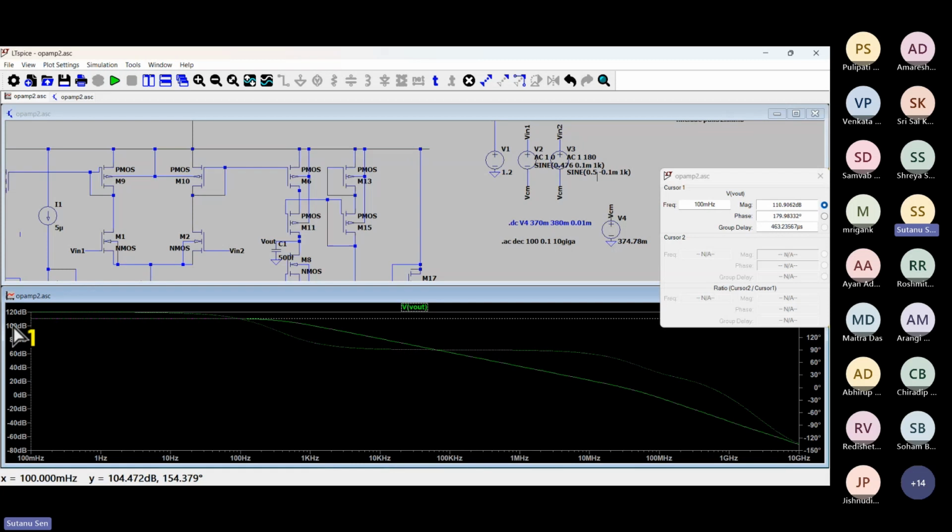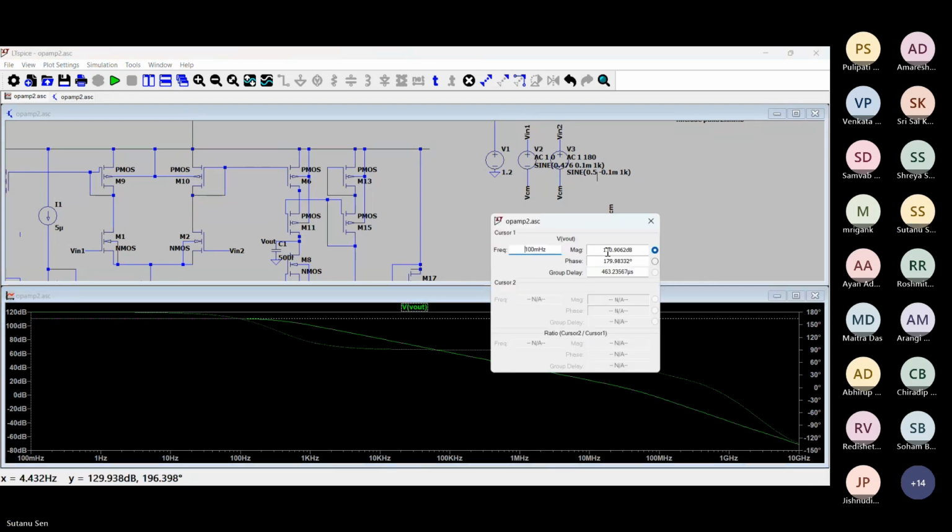This is near the origin. So 110 dB is almost like 30K. So that gain is pretty high. Not 30K, it is coming 300K. 100 dB and 110 dB is 300K.